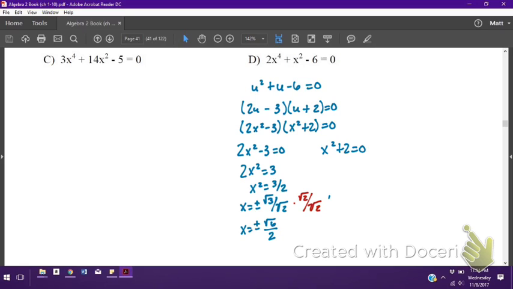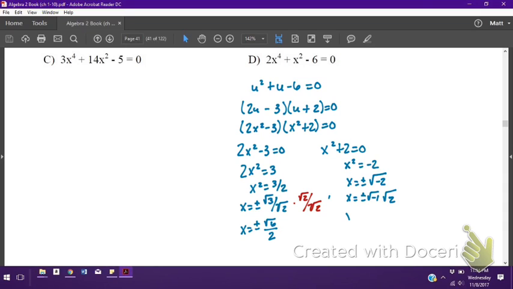And then on the other side here, we're going to subtract 2, so we get x squared is equal to negative 2. X is then equal to plus or minus root negative 2. Pull out the negative, so x equals plus or minus root negative 1 times root positive 2.